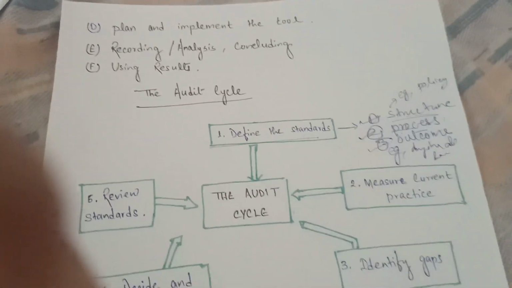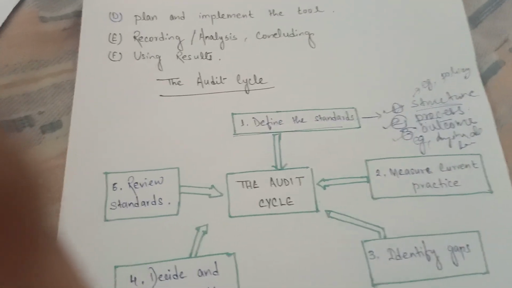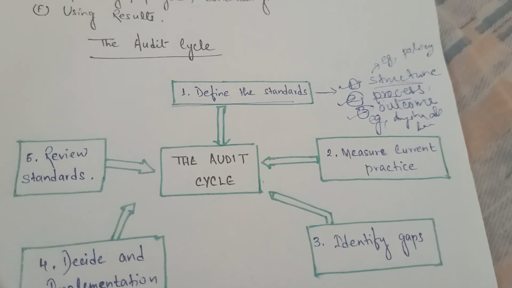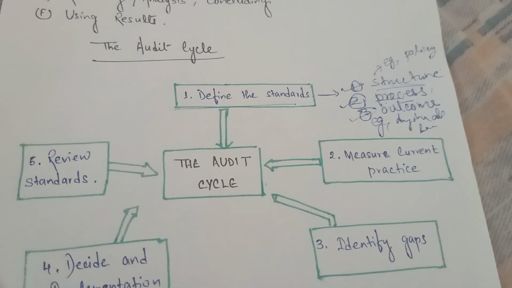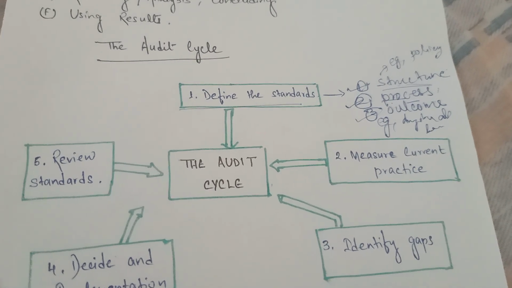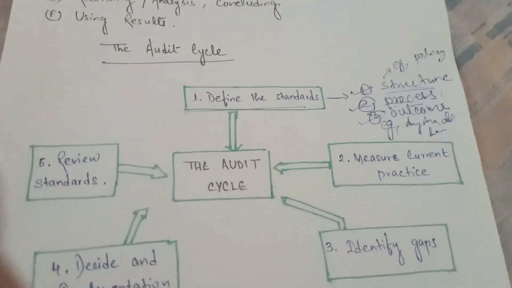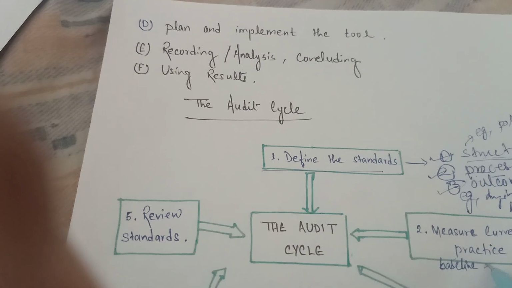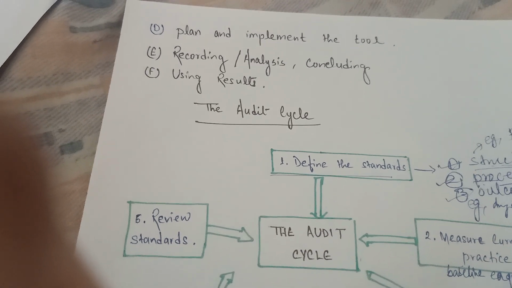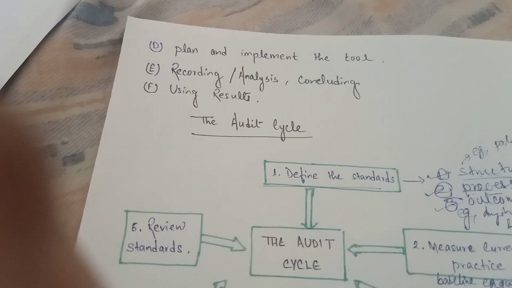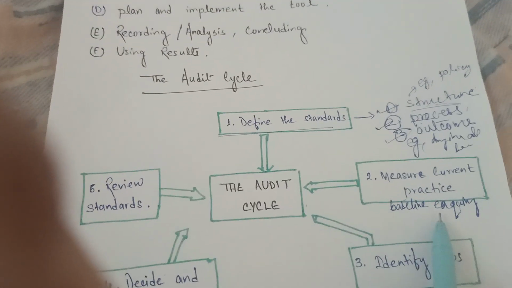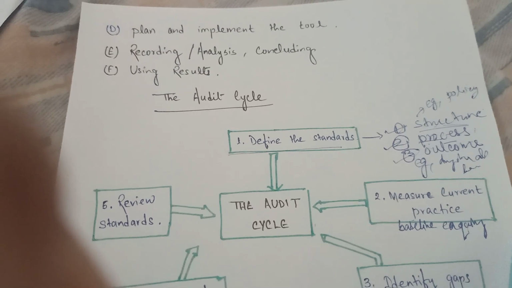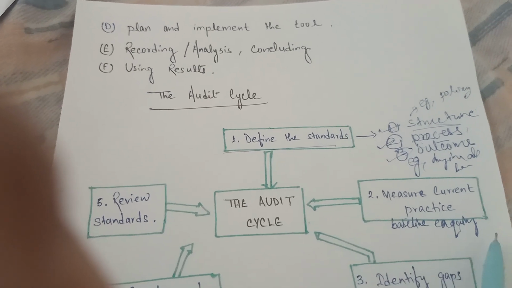Okay, so next, that is measure current practice. Measure current practice within the selected topic. A baseline inquiry is carried out to identify problems requiring a solution to improve the quality of patient care.